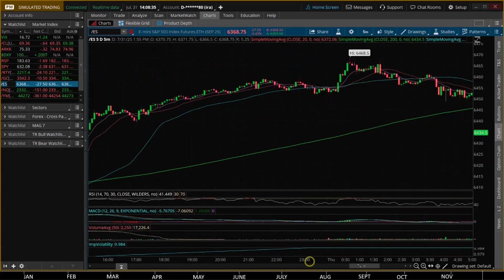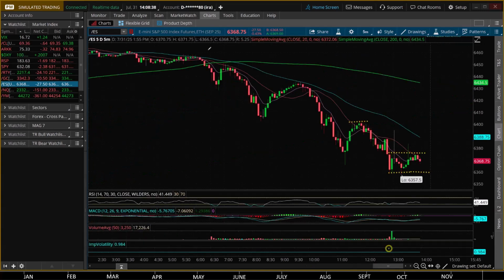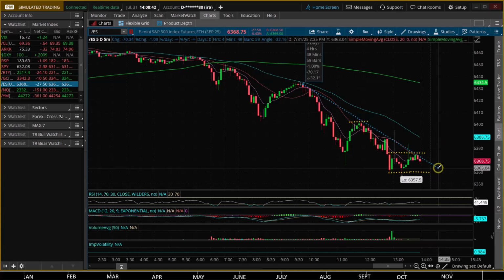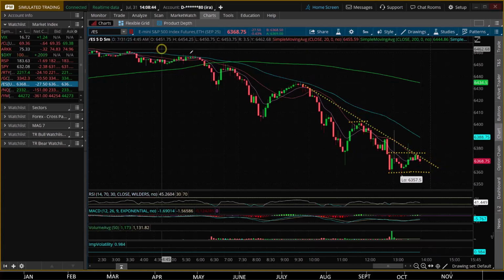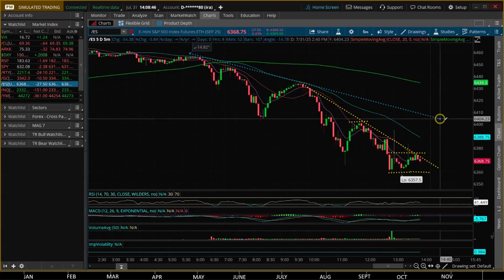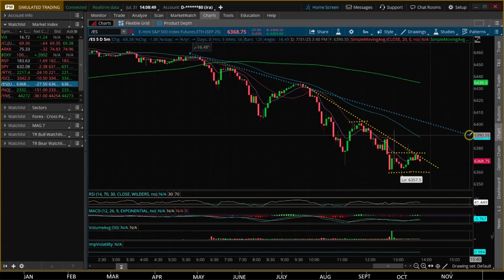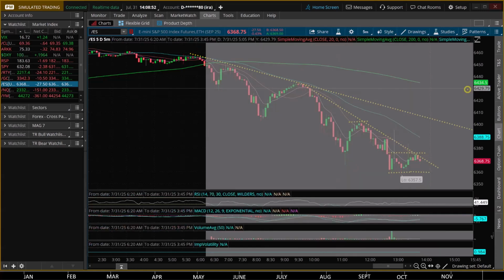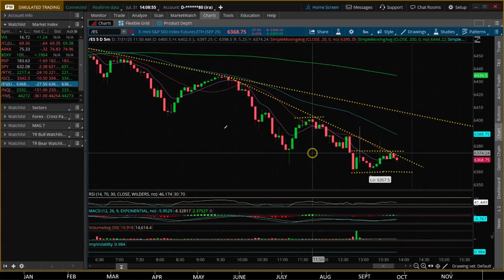Give me a second. So you've got this trend line here that's punching down pretty hard, but you've got this little bit more methodical trend line right there.